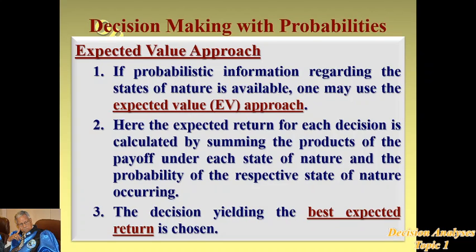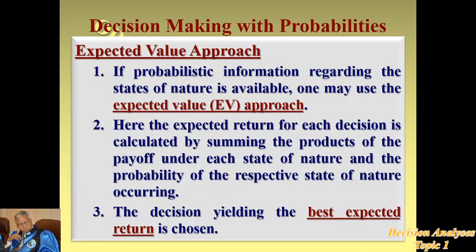This means that we will apply this approach in 3 steps. Step number 1, get the payoff table and the probabilities. Step number 2, calculate the expected value of each decision alternative. Step number 3, select the decision which yields the best expected return.